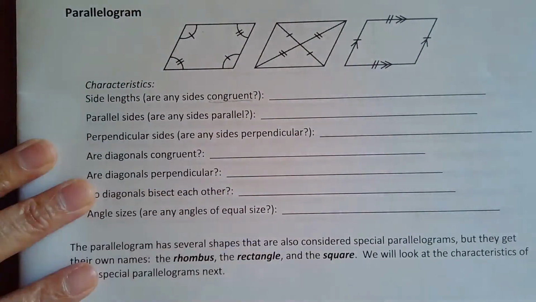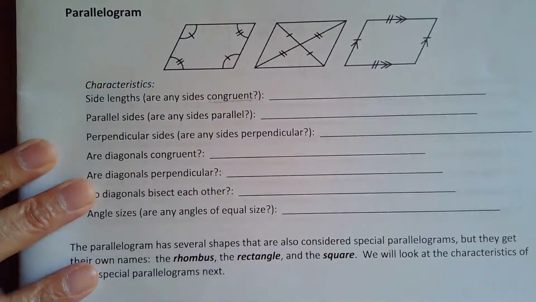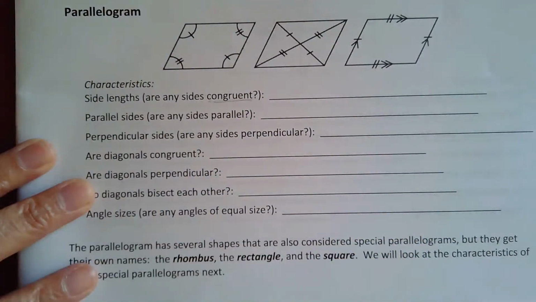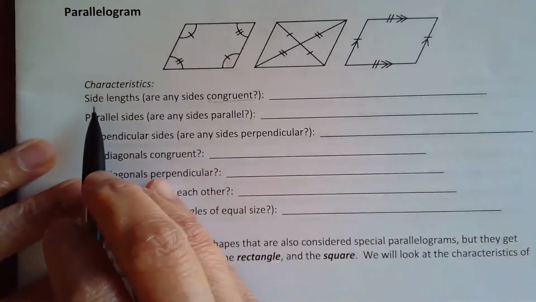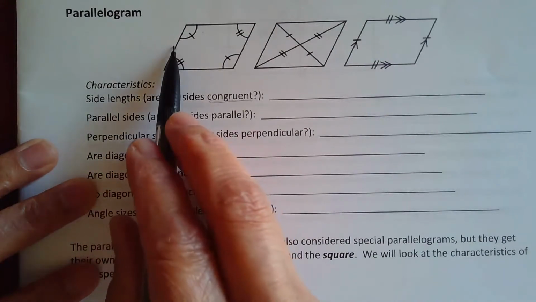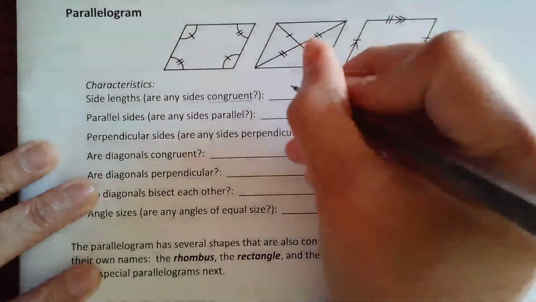So how do we describe this and this? We can't just say two sides are equal and then the other two sides are equal. No, we have to be more specific. So in terms of side lengths, opposite sides are equal.